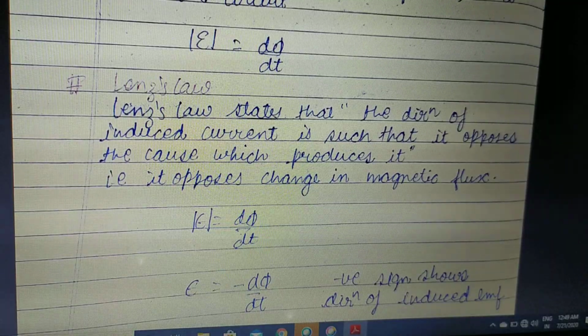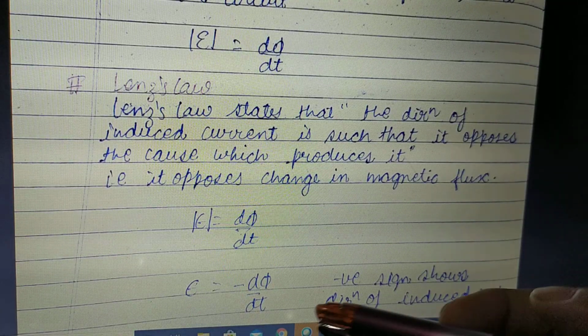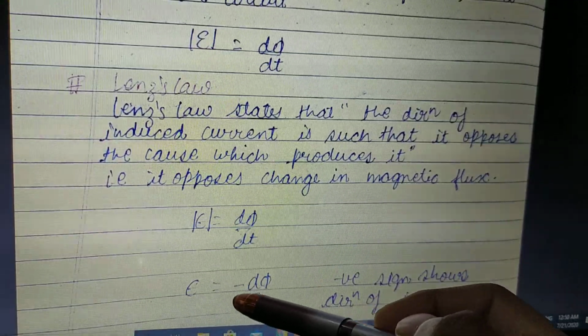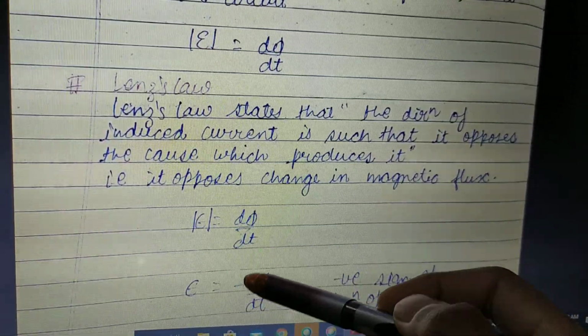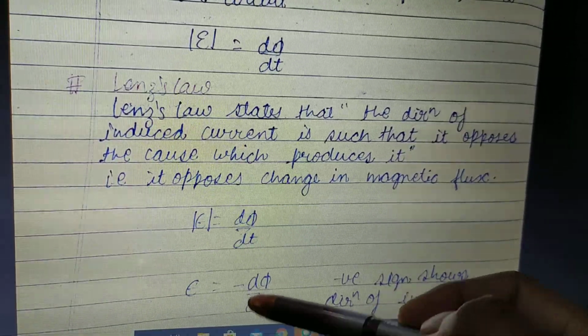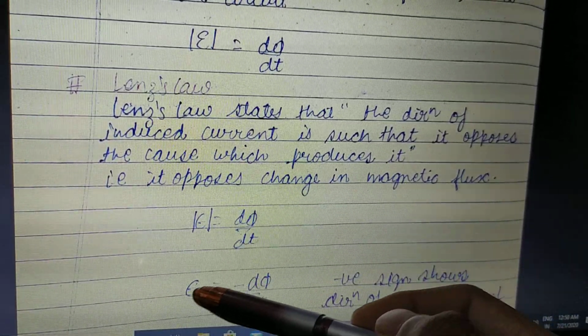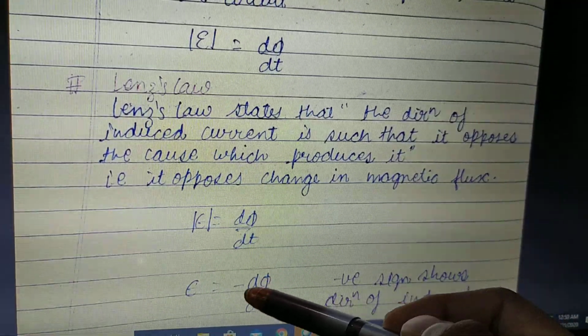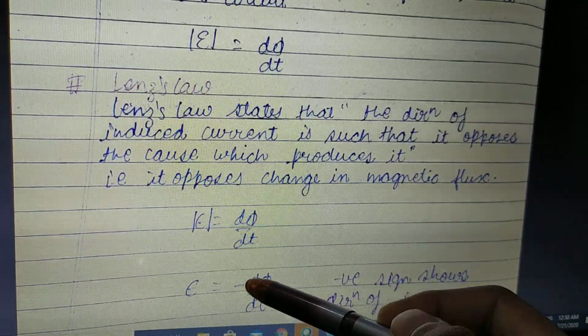Now if we want to write this equation with direction, we will write it as EMF equals minus d phi by dt. And what is this minus? We are getting this minus from Lenz's law. That means the direction of induced EMF and the change in magnetic flux are opposite to each other. This is what this negative sign is showing.